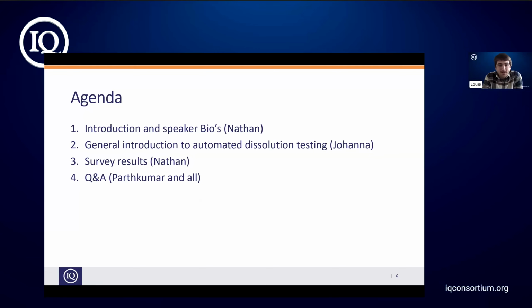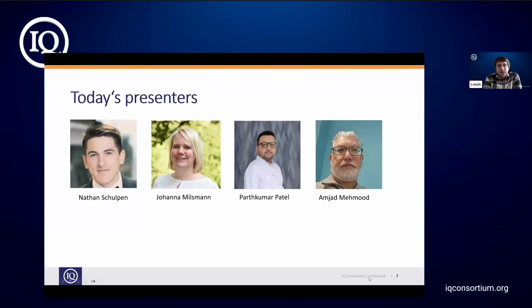So next slide, please. So yeah, it's not so polite, but since I'm first, I will start by introducing myself first. So I'm Nathan Schlupen. I have a master's in chemistry, and I've been working at Johnson & Johnson for the last 10 years in the Dissolution Sciences group, where we do both biorelevant dissolution testing to characterize drug products during development and also develop QC methods across the stages of development.